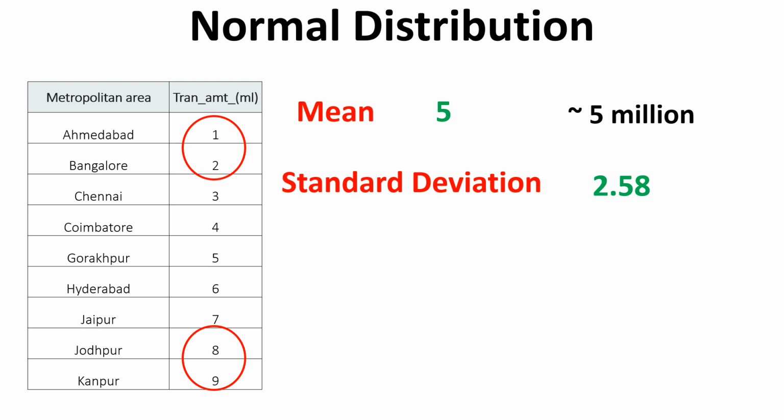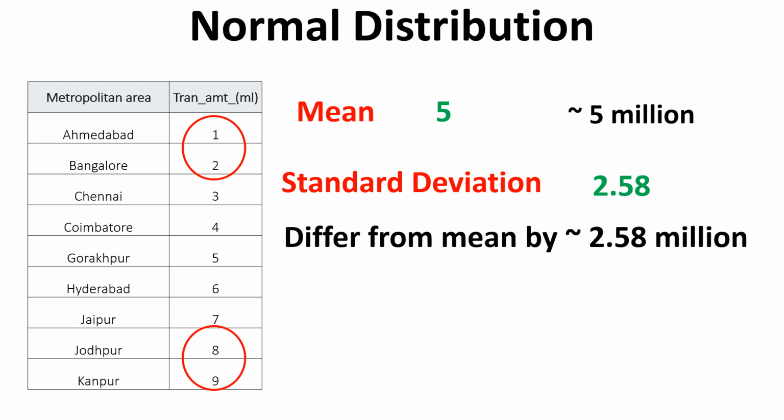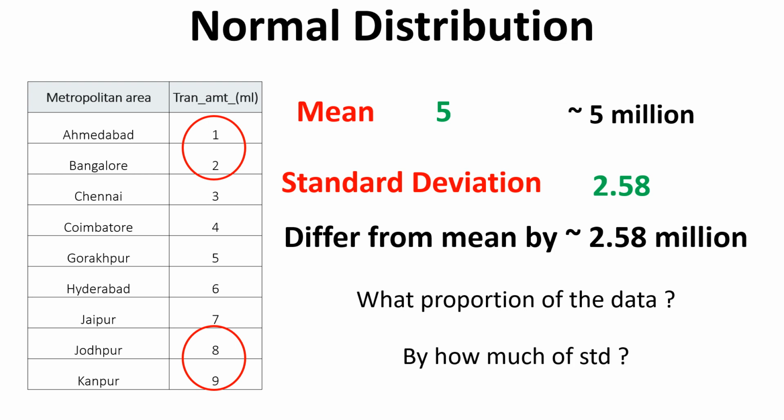Then we can say that though the average transaction amount in each of these cities is 5 million, it deviates by 2.58, meaning the average difference from the mean of the transaction amount is approximately 2.58 million. Now the question comes: what proportion of this data is deviating by how much of the standard deviation?